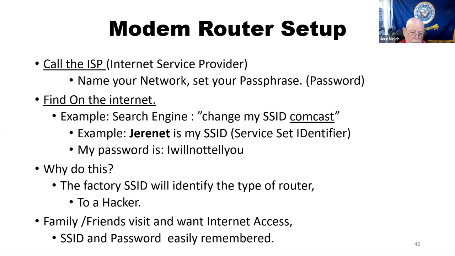Why do that? Because a hacker can find out what your SSID is because of the type of router that you have. So it's a little security. Have your own SSID and your own password.